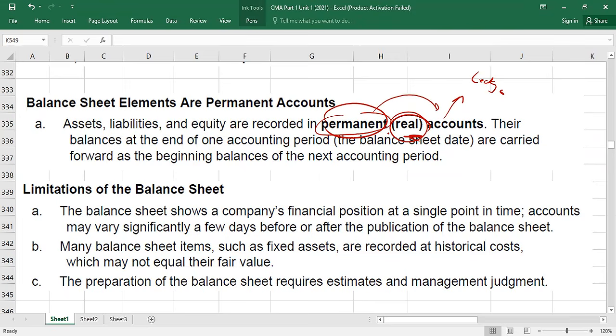I'm not asking you to prepare ledgers, you are not required to. I'm just telling you these words. The name of balance sheet ledgers is what? Permanent ledgers or what? Real accounts. Clear? So the limitations I already told you. Can you read the first limitation?